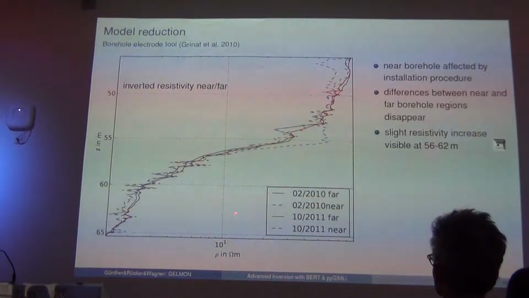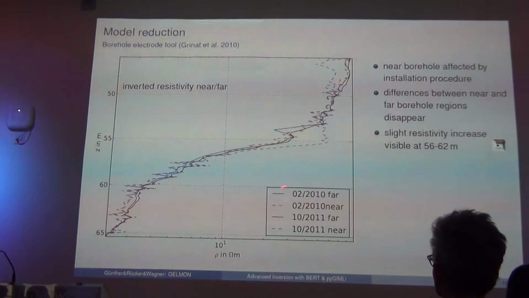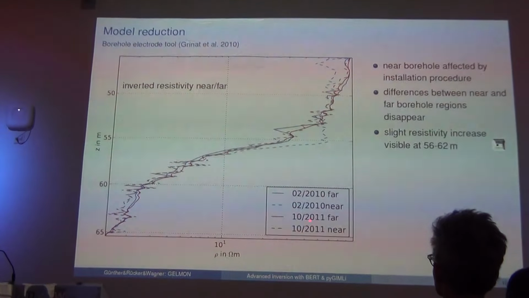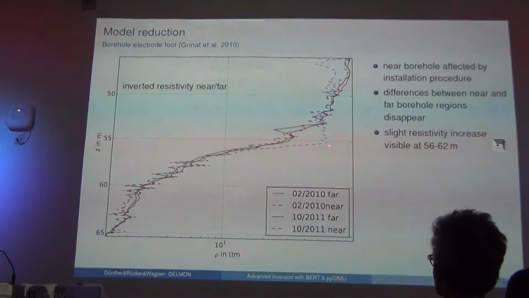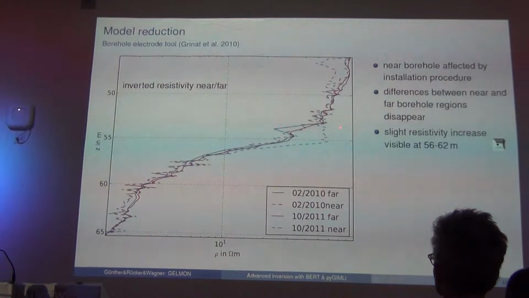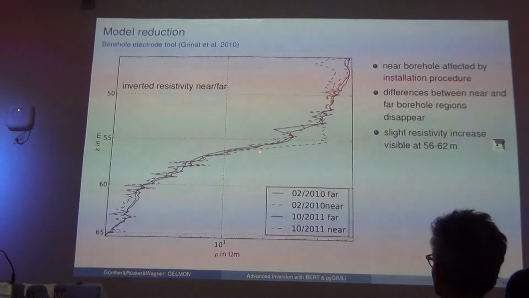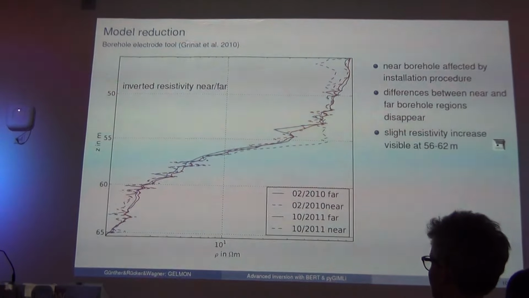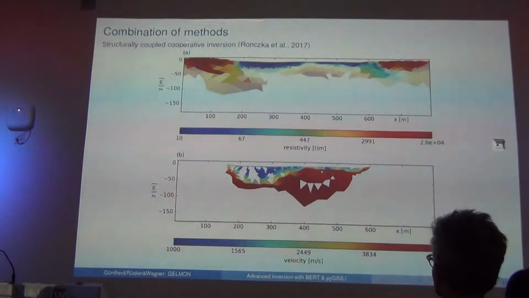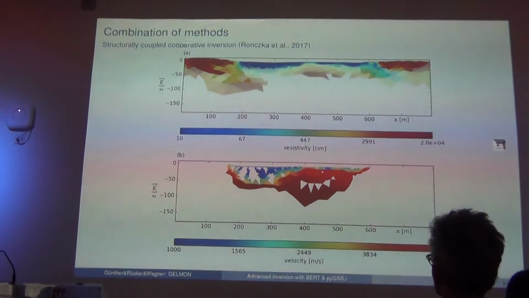If you then compare two measurements, one very early after inserting the instrument and one later on, you can really see that those zones are different, and that you can really catch up the far resistivity by this model reduction most effectively.